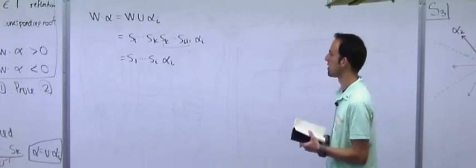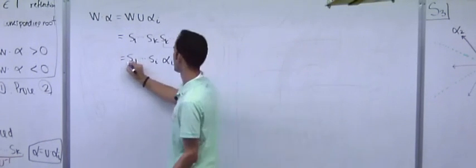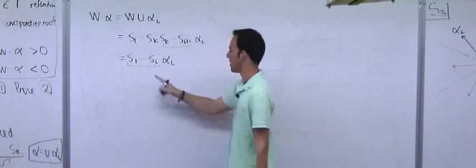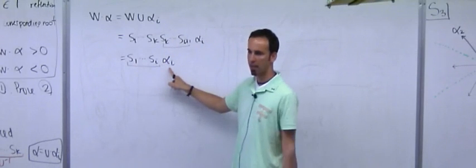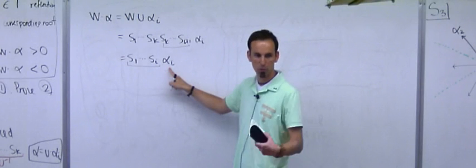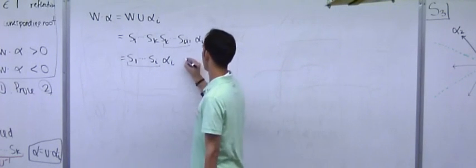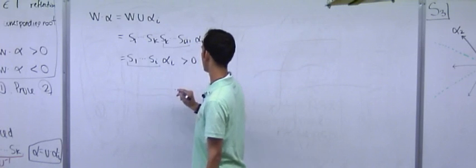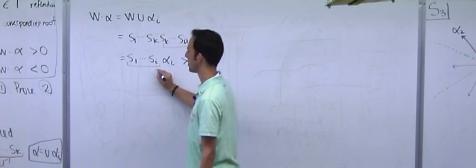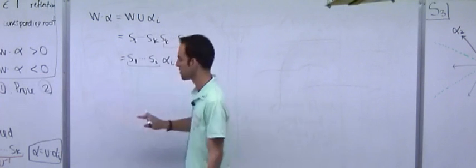And so what I'm asking is just, is this group element acting on alpha I going to send it to a positive root or to a negative root? I want to show that it's less than 0.